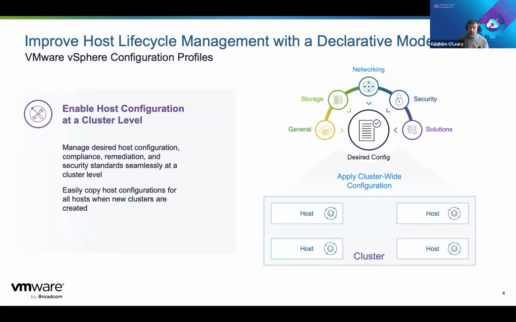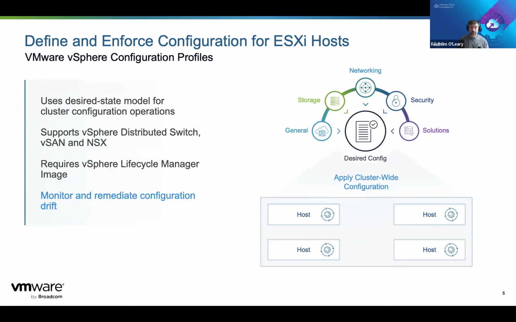The core end goal with vSphere configuration profiles is similar to host profiles, right? We want to have a consistent configuration across all our hosts in a cluster. And that's exactly what configuration profiles does. We can monitor and remediate configuration drift.